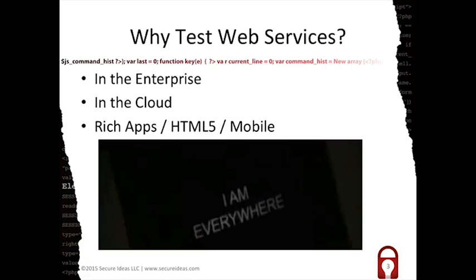Rather than having just a database sitting out there with data in it that you connect to directly, we'll put web services in front of it to add a layer of abstraction. We're also seeing a lot of web services in the cloud. Just about every API you encounter in the cloud these days is considered a web service. It's basically a remote function call done over HTTP.